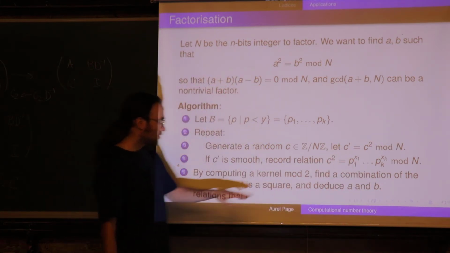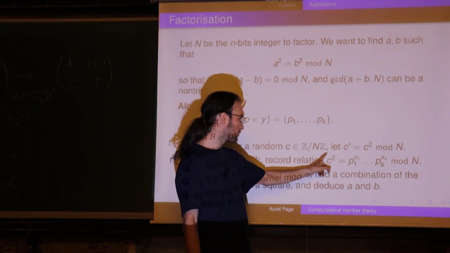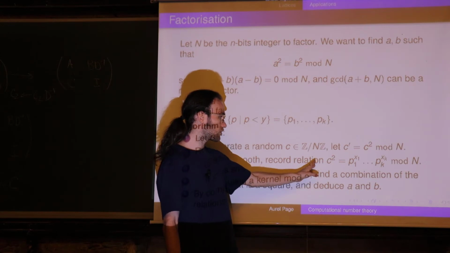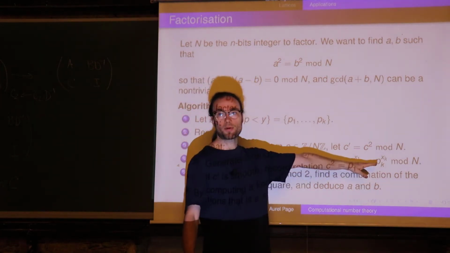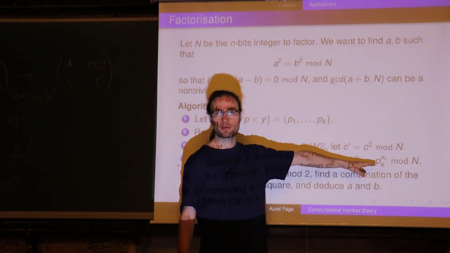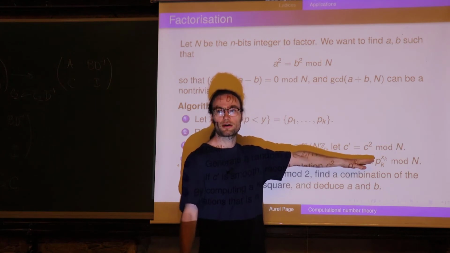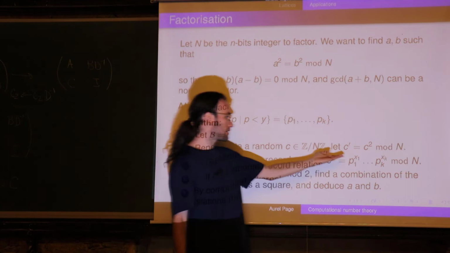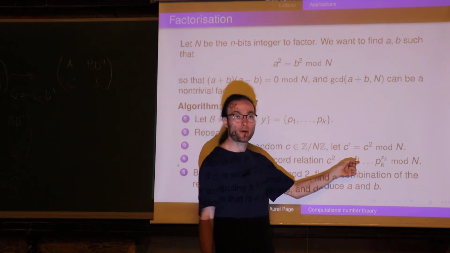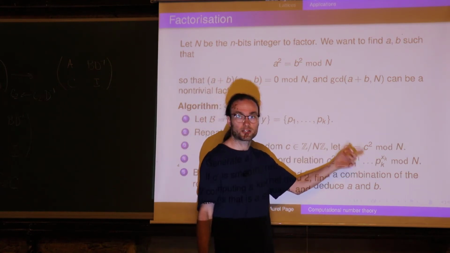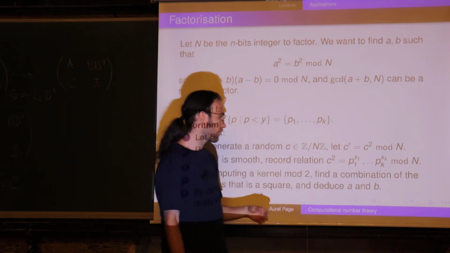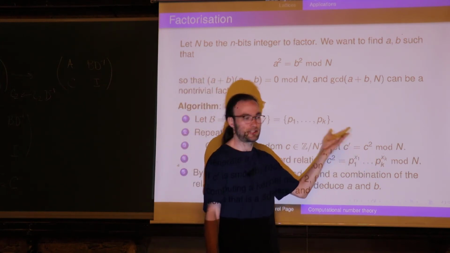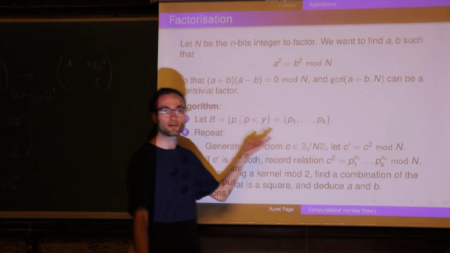And now, what you would like to do is take a certain product of these c's on the left, such that on the right, all the exponents that you get are even, because that will mean exactly that you have found a square. So this is only a problem about the exponents, in fact just about the exponents modulo 2. You want to find a linear combination of these vectors of exponents that is 0 mod 2. So it's exactly computing a kernel mod 2.